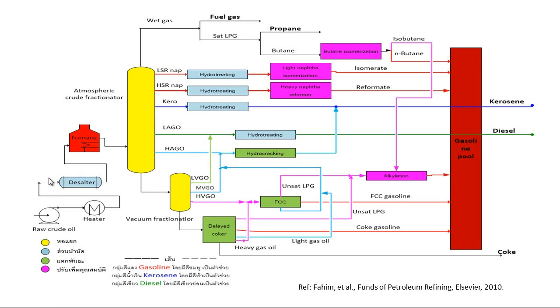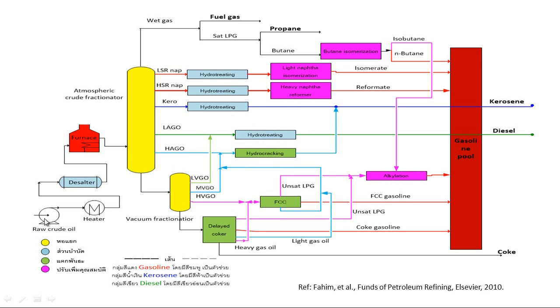Okay, let's go to the refinery briefly. Many units. You can have a distillation column, you will have hydrotreating, you will have cracking processes. Many units with different functions are presented in different colors. I just put the meaning in different colors here.